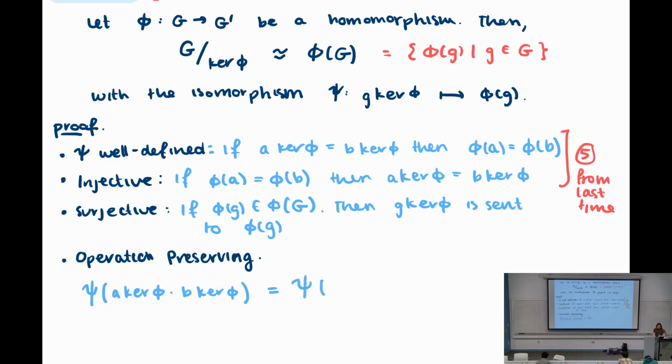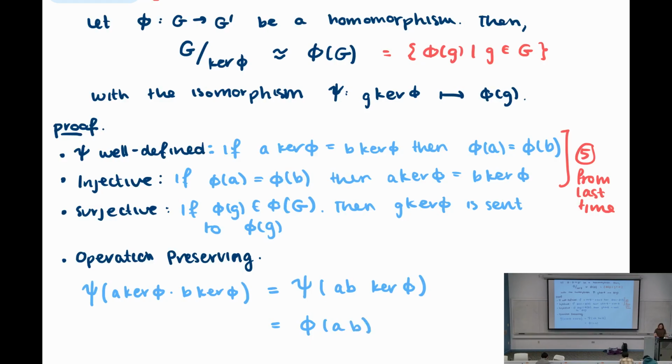So we get psi of AB kernel phi. Okay, and then now we know how to apply psi to a left coset, and that just gives me phi of whatever this thing is. So this is equal to phi of AB.